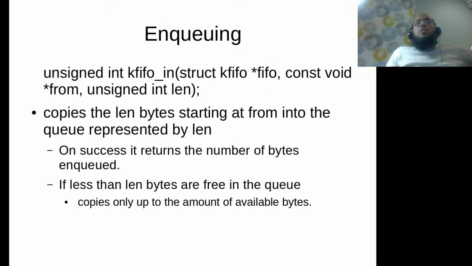On success, you get the number of bytes that have been queued, because the queue has a predefined size, and if you try to go beyond that, you will not be able to. If you get a 0, that means you have been able to enqueue 0 bytes of the data, and then you might want to loop, wait, sleep, or do something else based on your application.